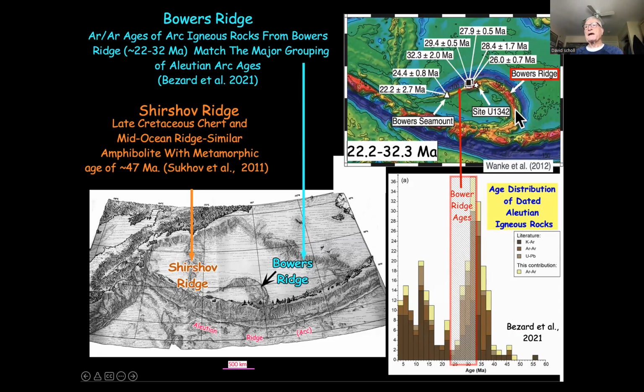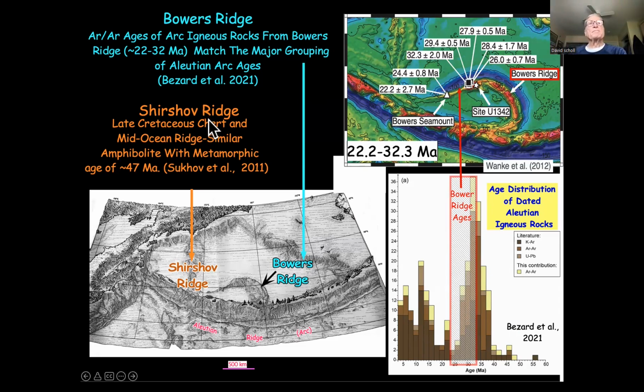And the ages of the Bowers Ridge and its formation really match the very, very prominent growth of arc volcanic systems here in the early Oligocene into the middle Oligocene. That's Bowers Ridge. It appears to be very much part of the Illusion system, not bizarre, not weird, not peculiar.